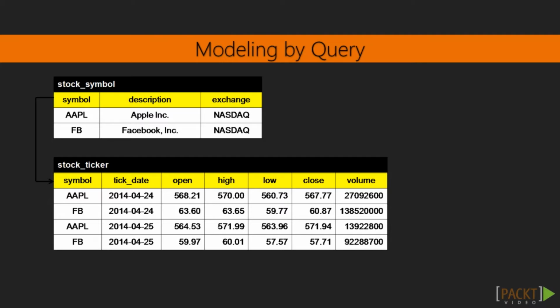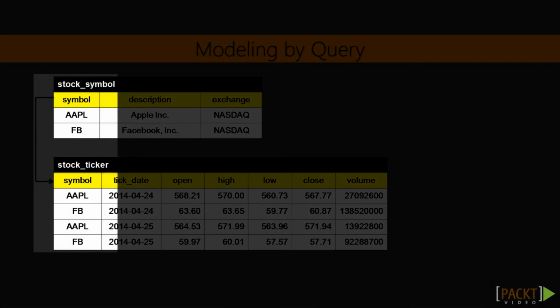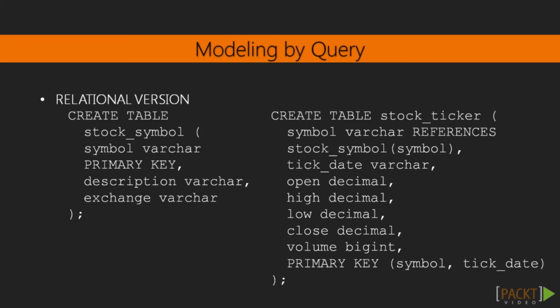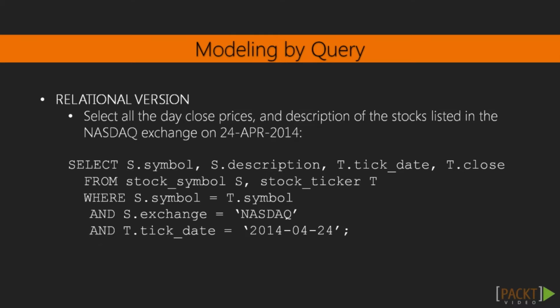Obviously, the two tables have a relationship based on the symbol column as illustrated by the arrow line. Using SQL statements, they can be defined pretty much similar to what is shown here. Note that a referential integrity constraint is defined on symbol. If we want to know all the day close prices and description of the stocks listed in the NASDAQ exchange on 24th April 2014, we may use the select statement with a join as shown.